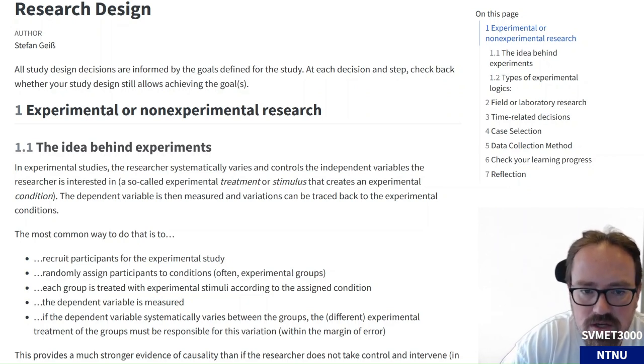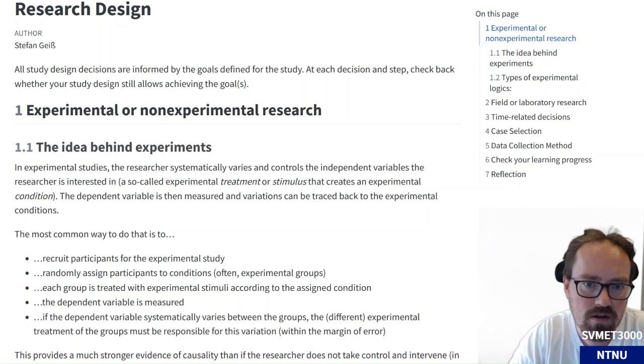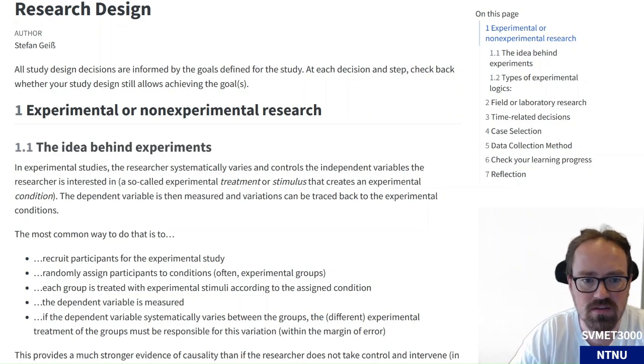So the most common way to achieve this is to recruit participants for the experimental study. Here it's not fundamentally important that this is a microcosm of the population you want to study.